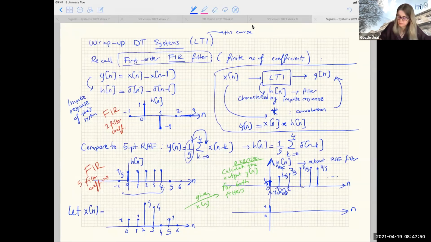So at 1 it is 0, at 2 it is 4, 3 is minus 1, minus 4, and at 5 it is 1.